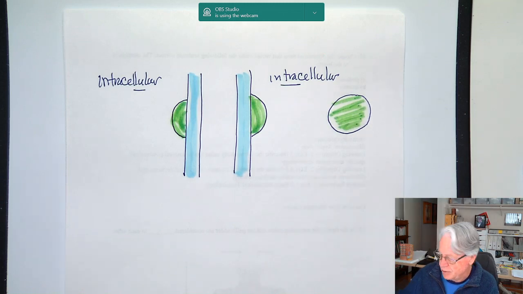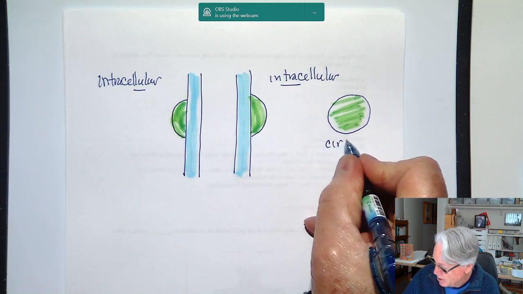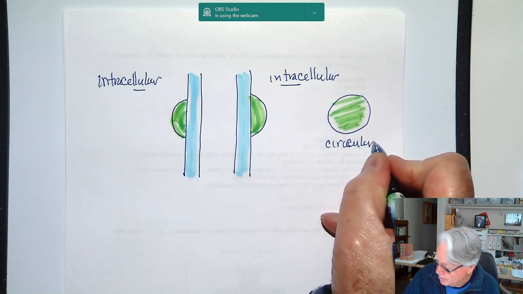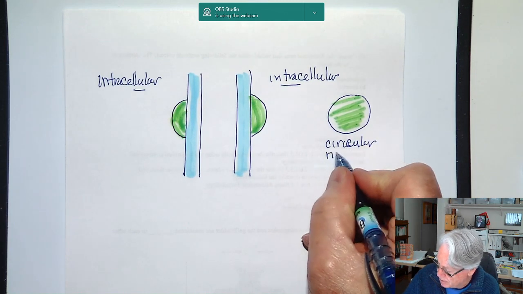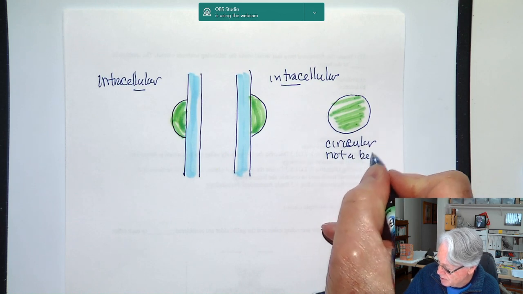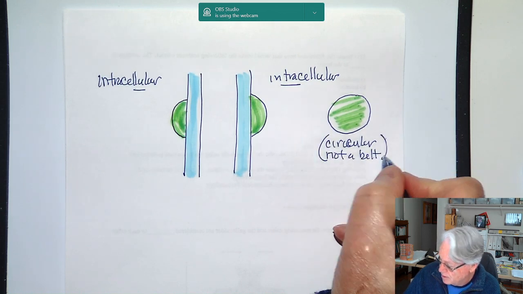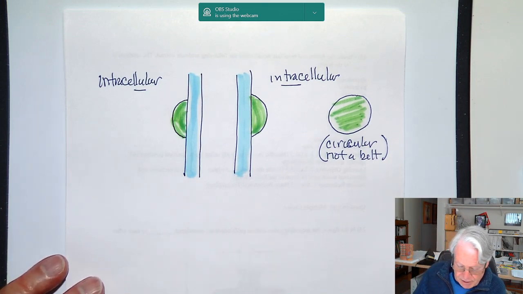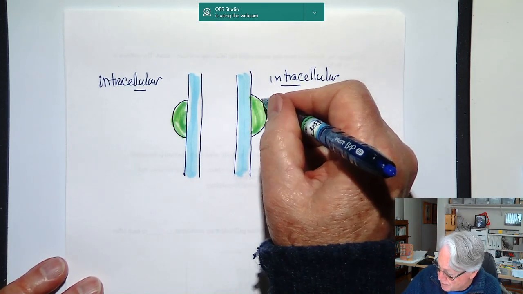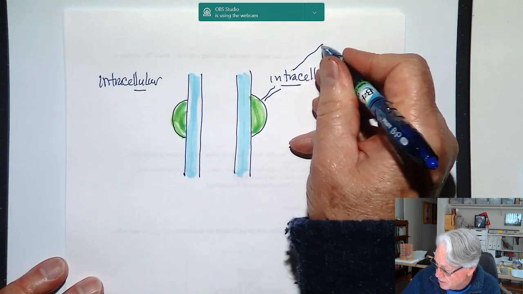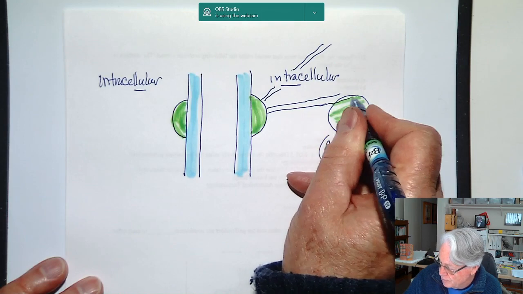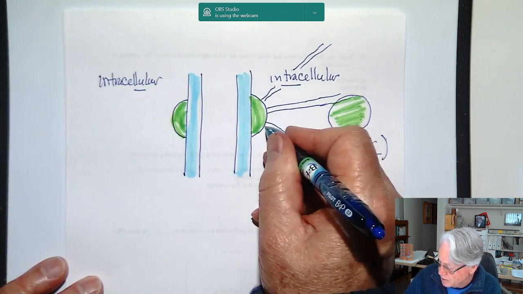So, circular, not a belt. Okay. And we're going to have extending off from that proteins.